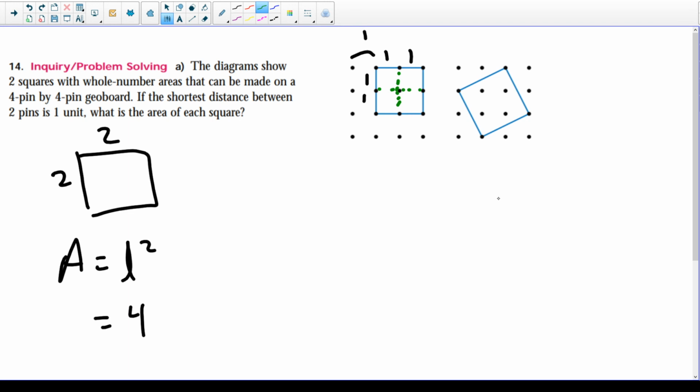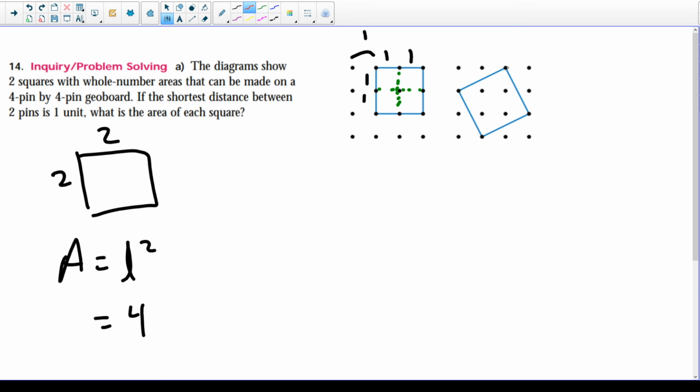Without giving the numerical answer away, what technique are we going to need to use to find the answer for the second square, chat? What mathematical technique? No numbers. Can you see how we're going to use the Pythagorean theorem to solve this question?